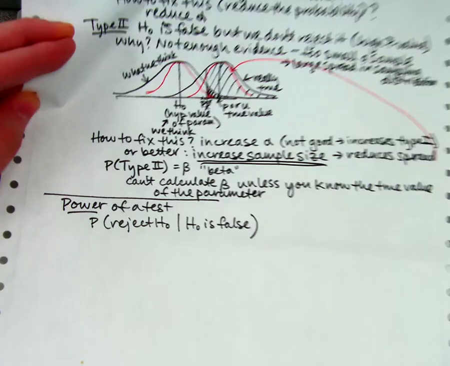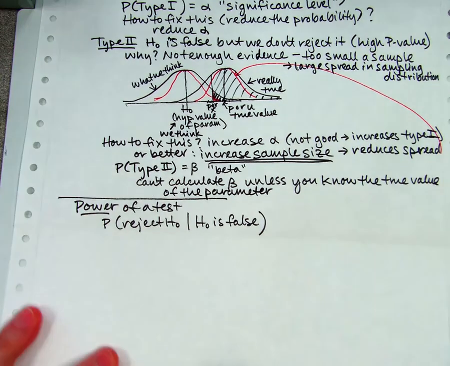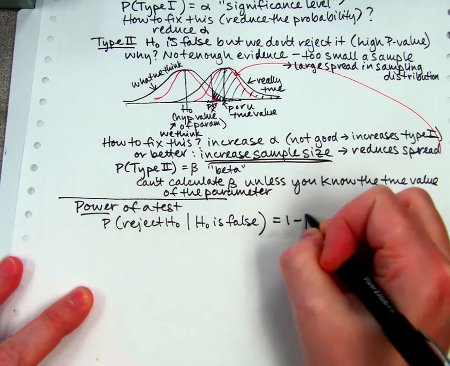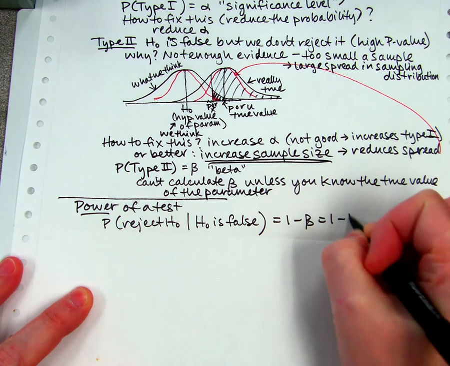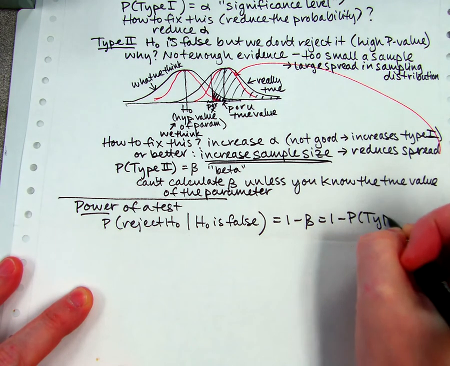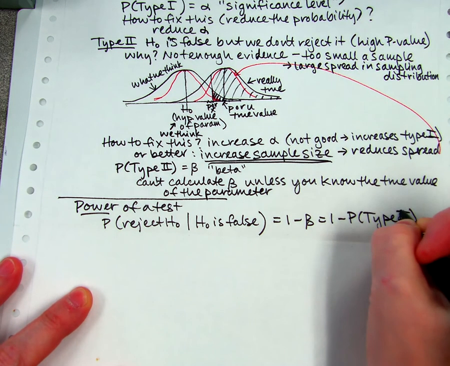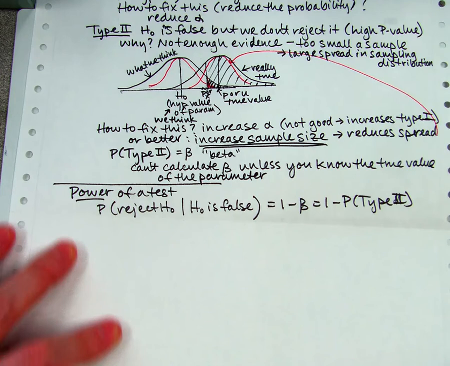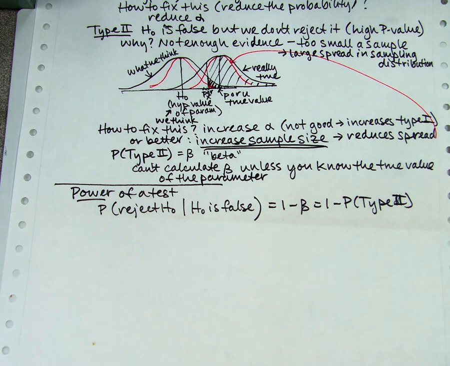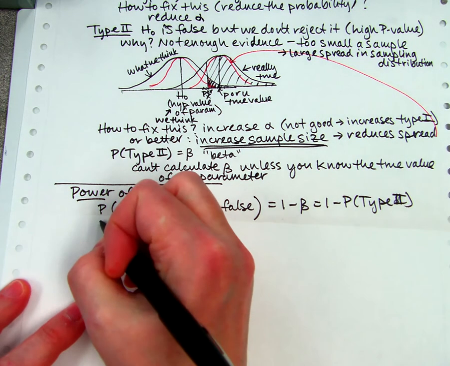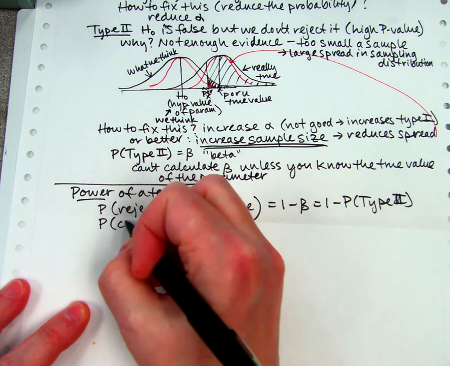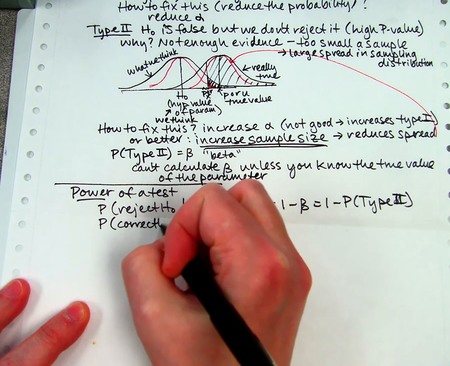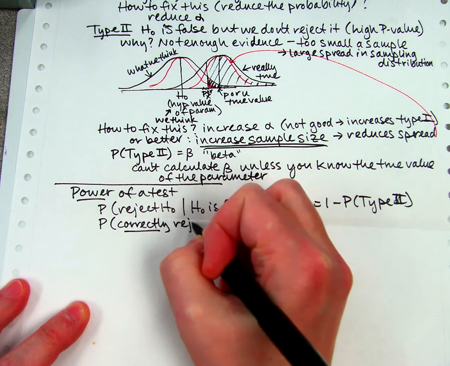So it is the complement of a type 2. It is 1 minus beta, which is 1 minus the probability of a type 2. So in other words, if you are trying to avoid type 2, that means you're trying to increase the power. Another way of saying this is it's the probability of correctly rejecting the null.